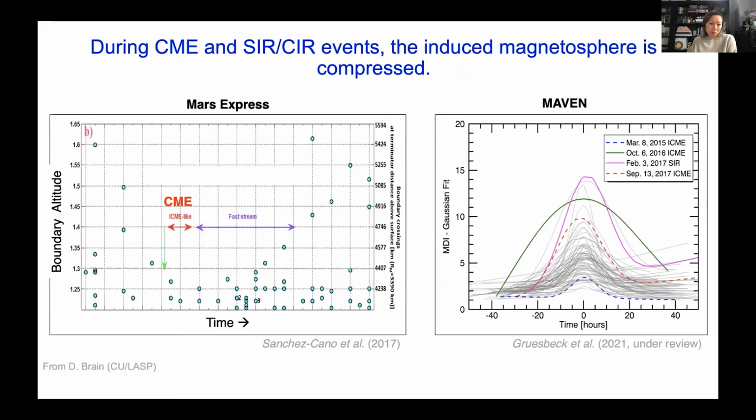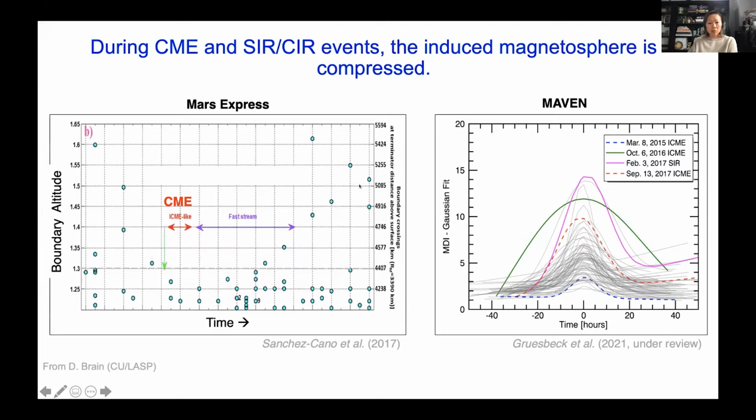Some of the disturbances that we see so far are from CMEs and CIRs on the magnetosphere. For example, there have been observations of compression of the magnetopause observed by Mars Express during a CME event. You can see there's a boundary. These are observations of the boundary layer. It says altitude versus time. And then when the CME event followed by a fast stream event occurs, you can see compression.